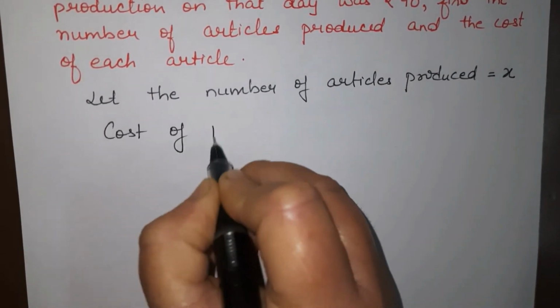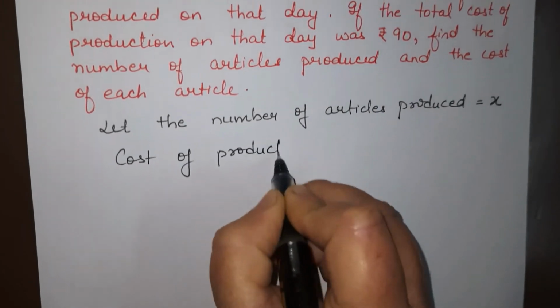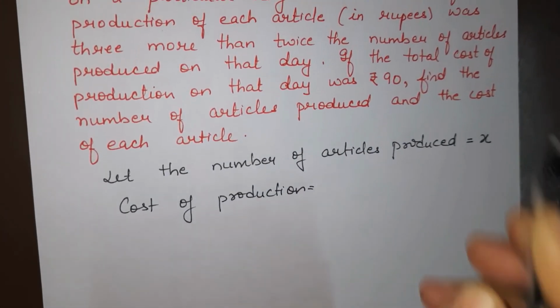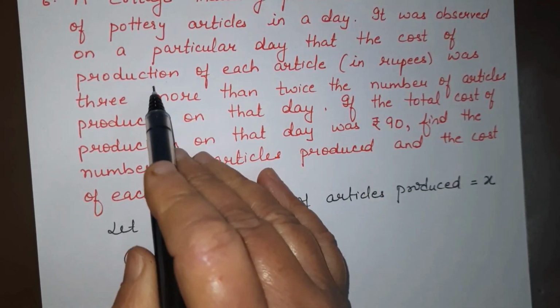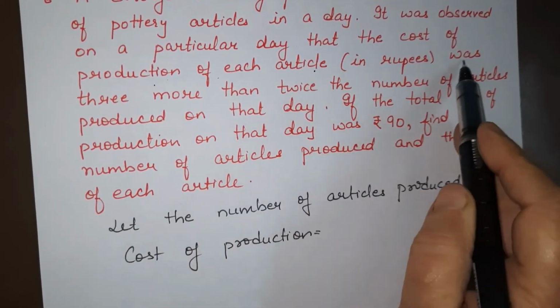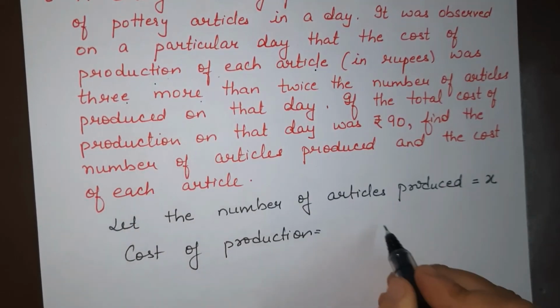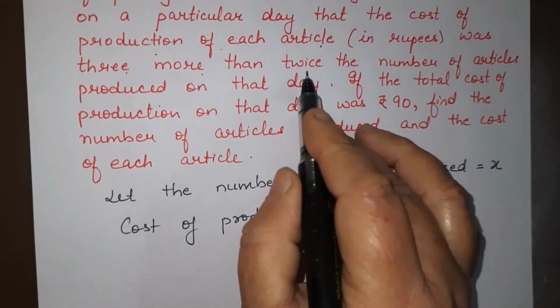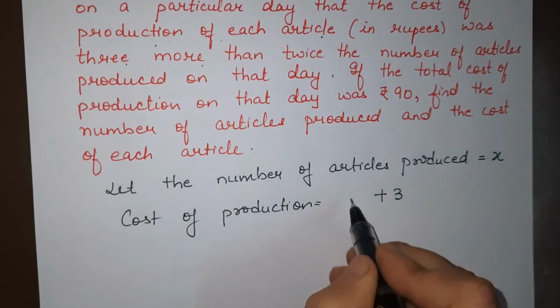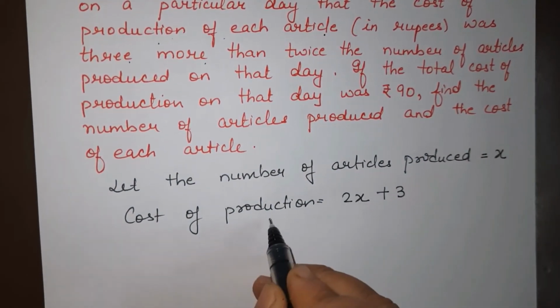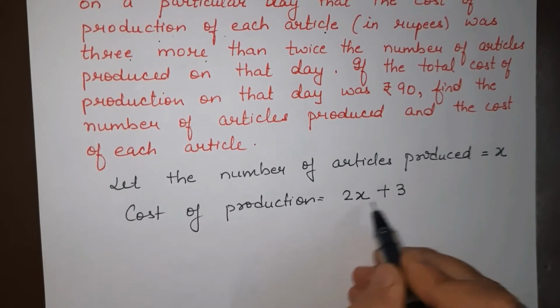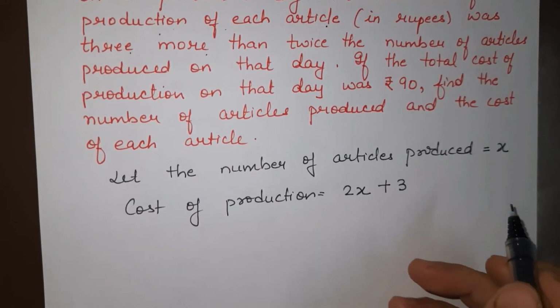Now cost of production. So let us read the question once again to find the cost of production. What they have given, it was observed on a particular day that the cost of production of each article was 3 more than, that is plus 3, twice the number of articles produced on that day. If the articles produced are x, so cost of production will be 3 more than twice the number of articles produced.